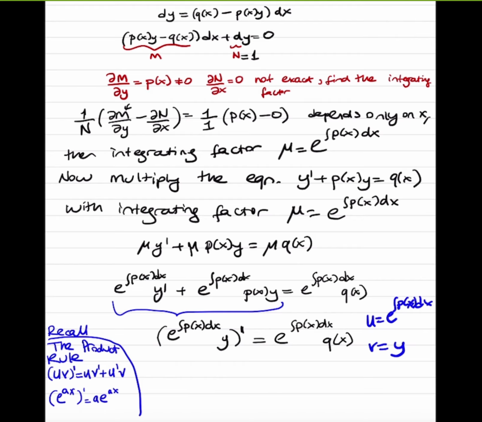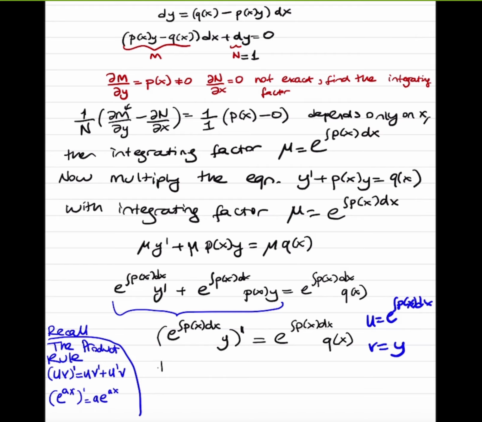So u times v prime, so u times y prime, plus the derivative of u. The derivative of this integral is just p of x, right? P of x times v is equal to this product.